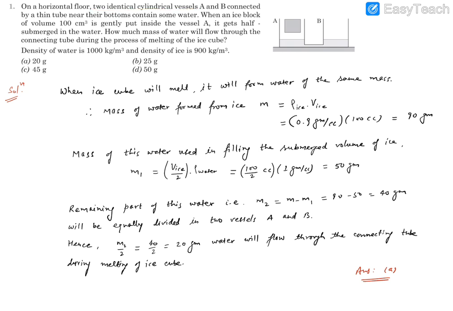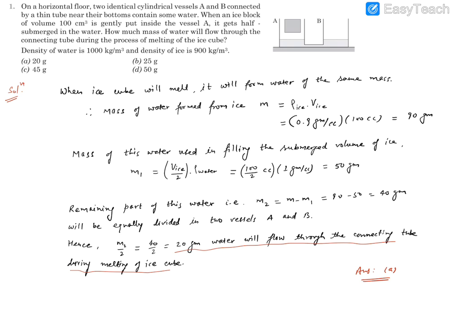So we will say this will be equally divided into the two vessels A and B. So it's a half value, that means 20 gram has to flow from A to B in order to maintain the level. So we will say 20 gram of water will flow through the connecting tube during the melting of ice.